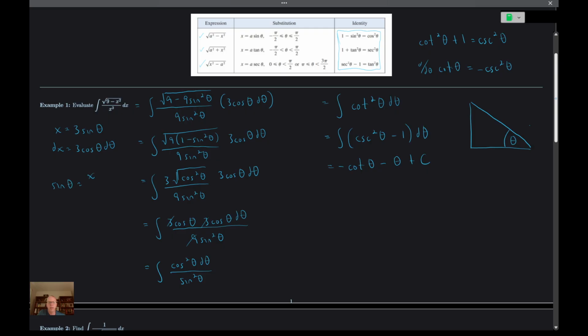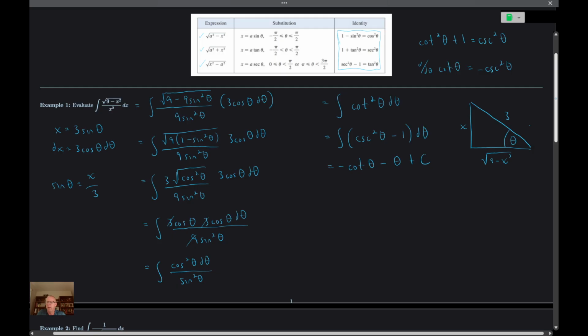And we know that sine is the opposite side over the hypotenuse. So that means that that side is x and that side is 3. And then we can use the Pythagorean theorem to get this side, and it will be square root of 9 minus x squared. And you can work that out if you need to. I won't work that out, but it will actually be this place where we're using the substitution. So I think that will always work out. But you can use the Pythagorean theorem and no big deal.